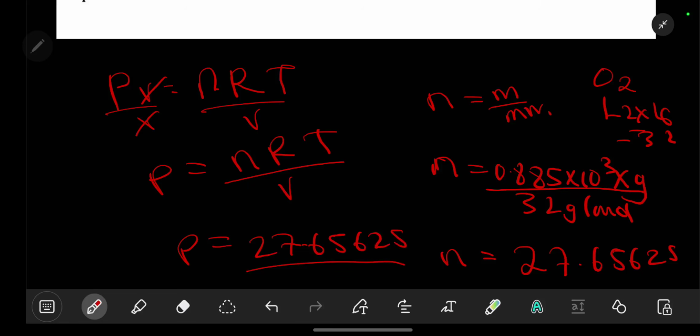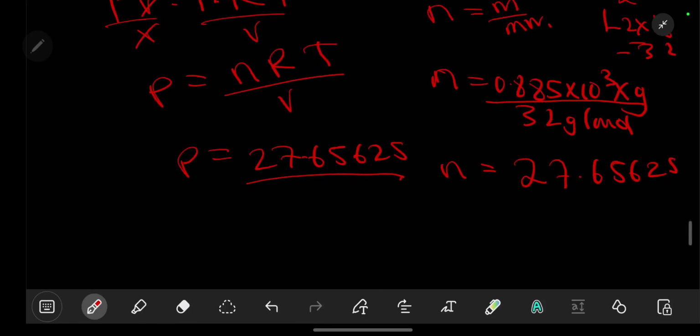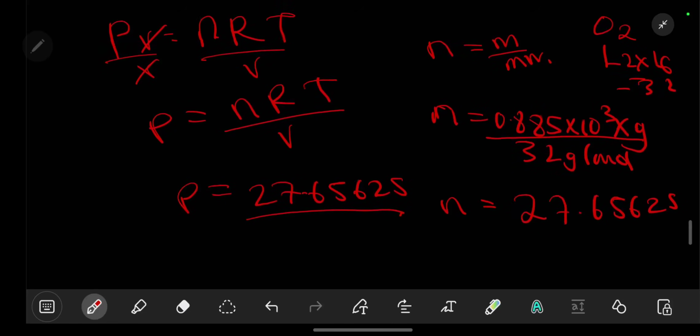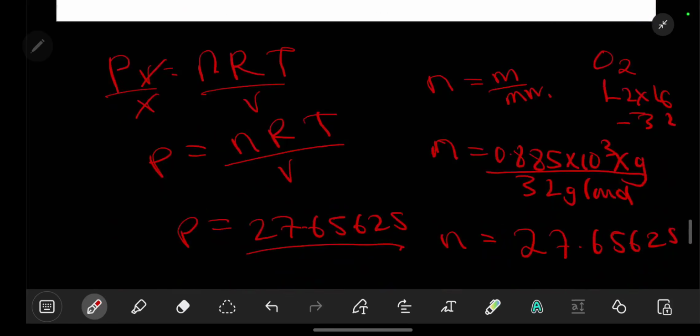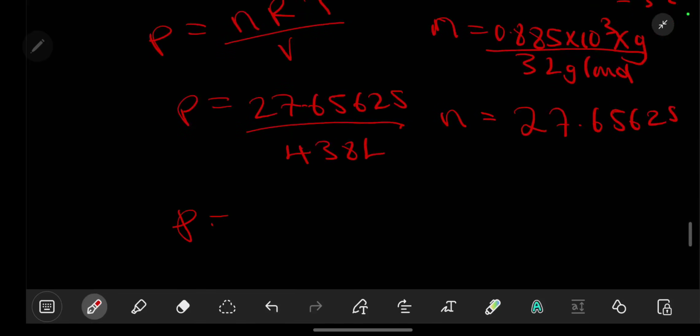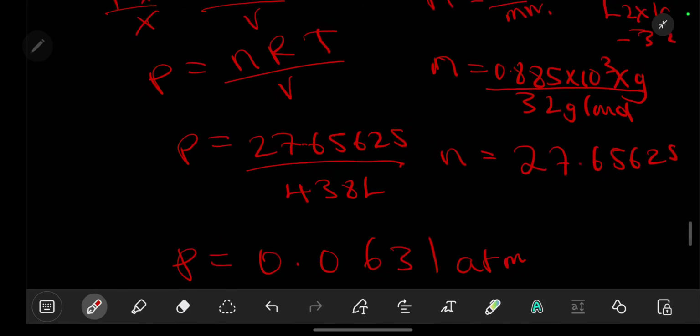We divide over the volume, which is 438 liters, so our pressure will come out in atmospheres, divided by 438. This is going to give us a value of 0.0631 atm. Let me just confirm by doing the recalculation.